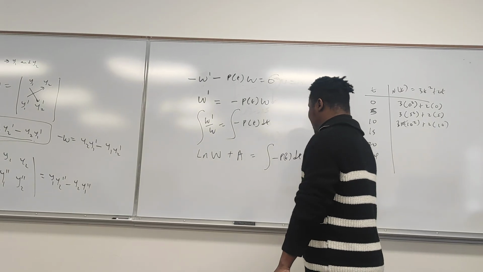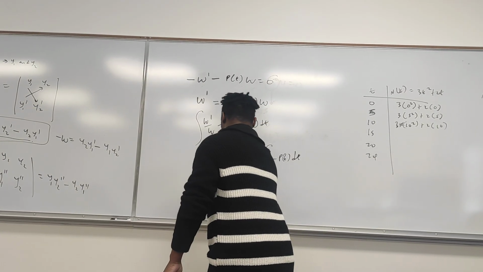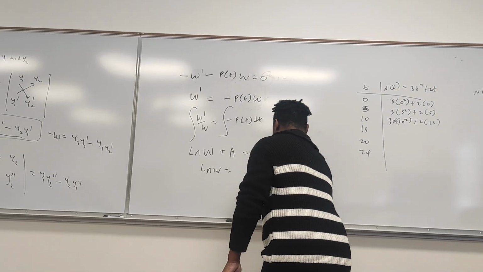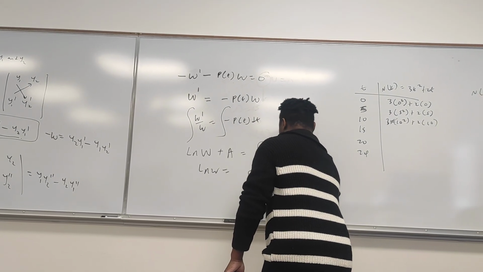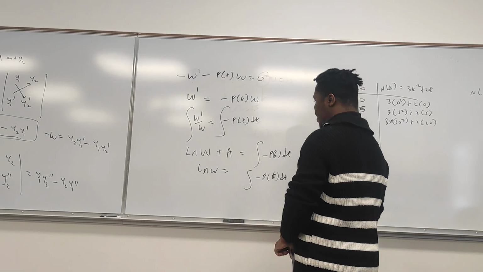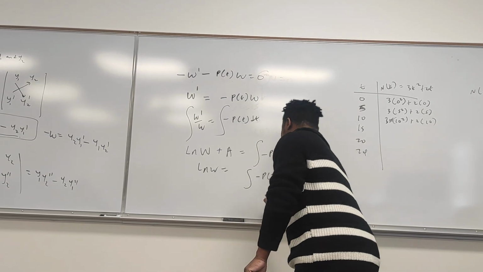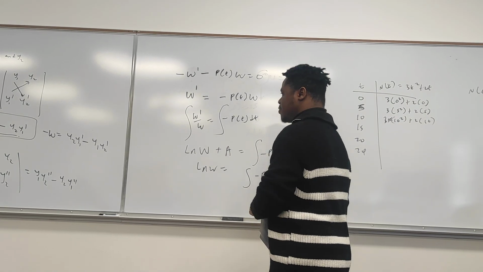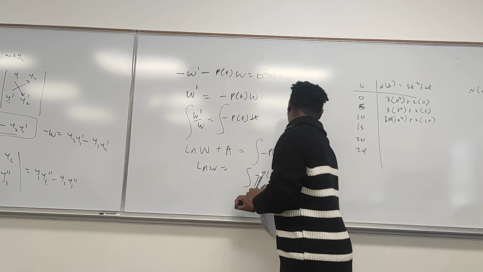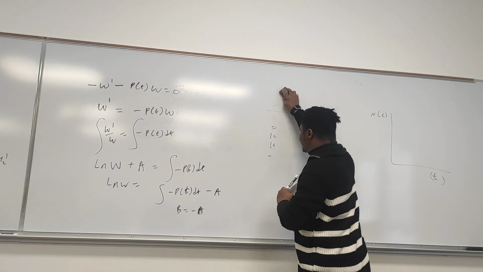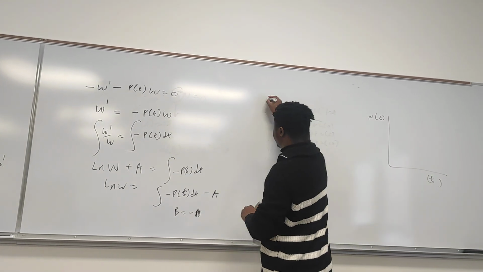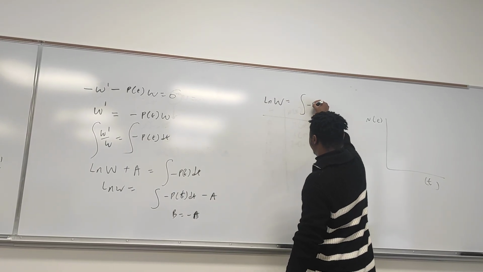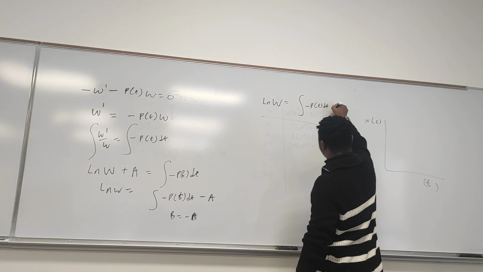If we take this integral to this side, we have ln W would be the integral of minus P of T dt minus A. Remember, A is a constant. We could just say let another constant B be negative A because it's a constant. So if we do that, this becomes ln of Wronskian is the integral of negative P of T dt plus B.